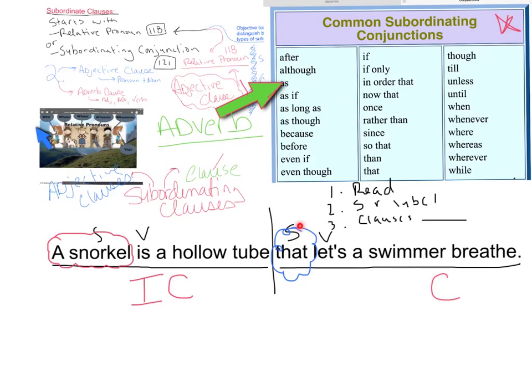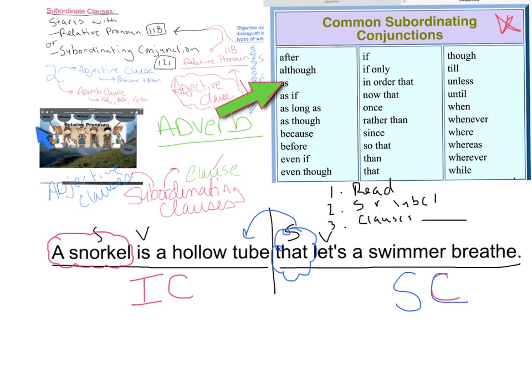What is that describing? Is it describing tube or is it describing "is"? A snorkel is, that lets us swim and breathe? No. A tube that lets us, yeah, so it's describing tube. That means it's going to be a relative pronoun, and a relative pronoun makes this a subordinate clause.